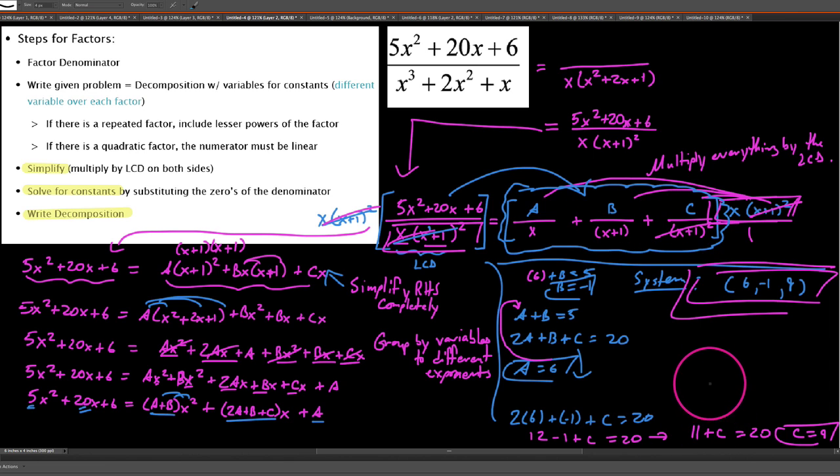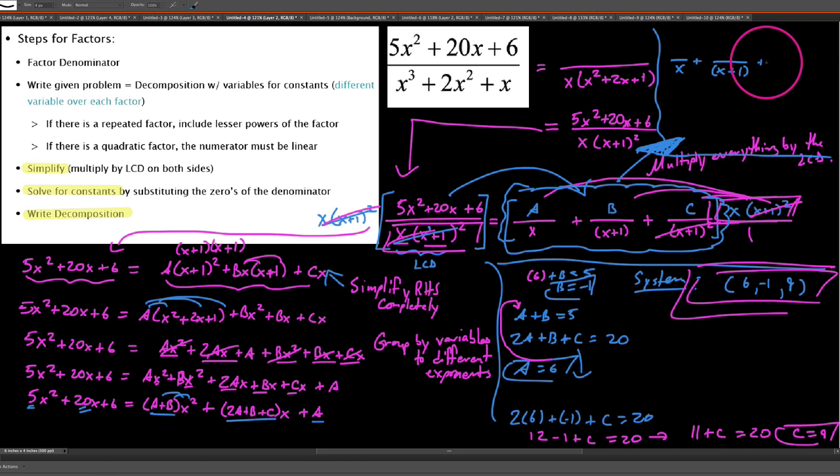And so now that we've got these, we're going to rewrite this right here. All of this is going up here. But instead of a over x plus b over x plus 1 plus c over x plus 1 squared, we're going to write a, which we were able to determine was equal to 6.